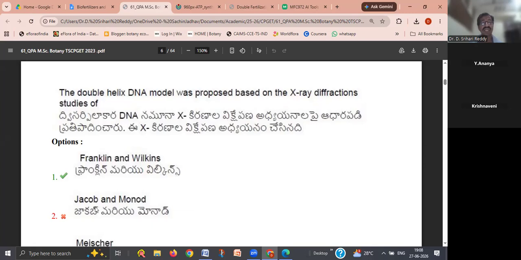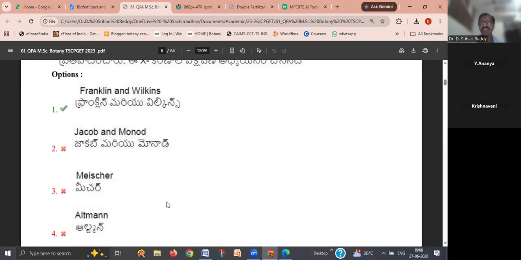And Jacob and Monod proposed the lac operon model; we already discussed what an operon is. And Frederick Miescher initially found a structure. He extracted this DNA from the nuclei and named it nuclein, but he didn't find that it is a genetic material.